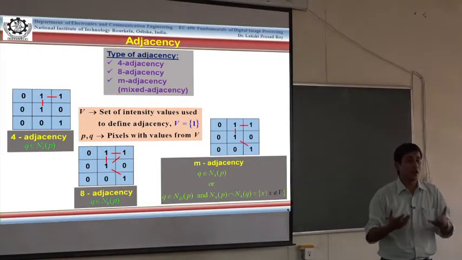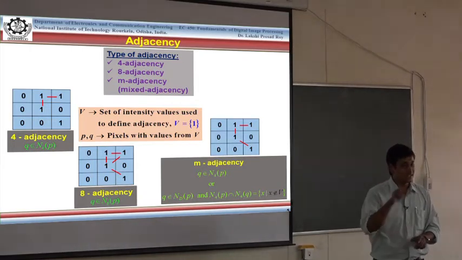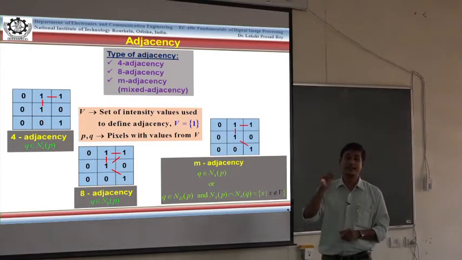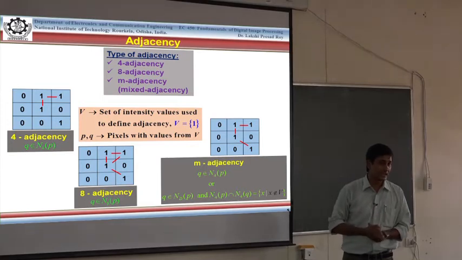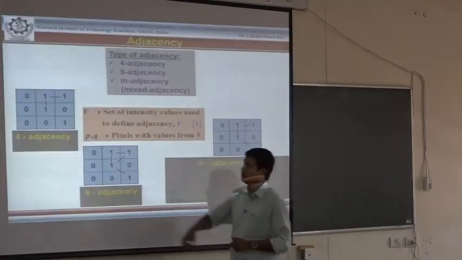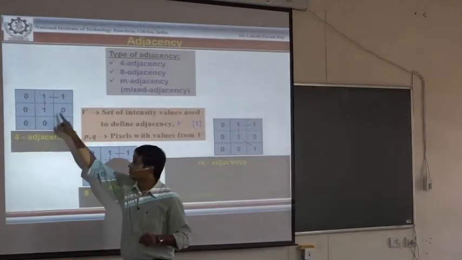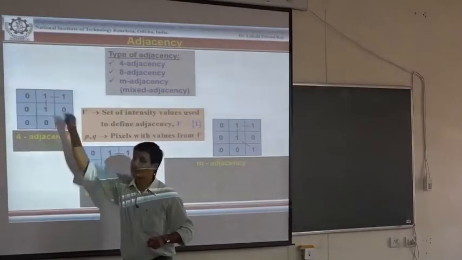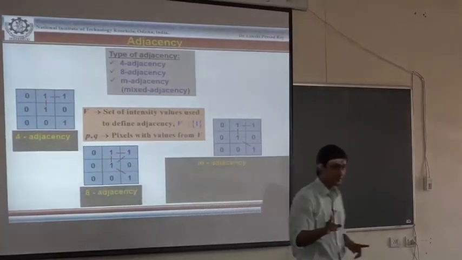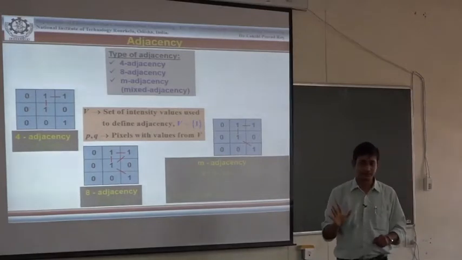But with respect to what? With respect to a particular intensity value. Say I have intensity value 1 here, 0, 0, 0, 0 here, and for these they are 1. These are not digital bits, these are absolute intensity values.